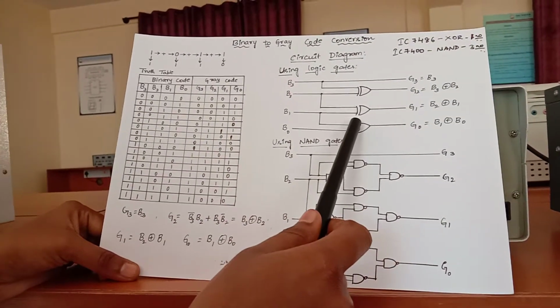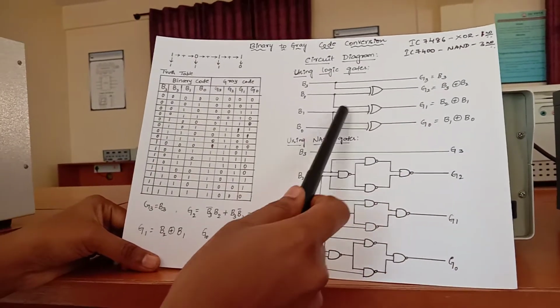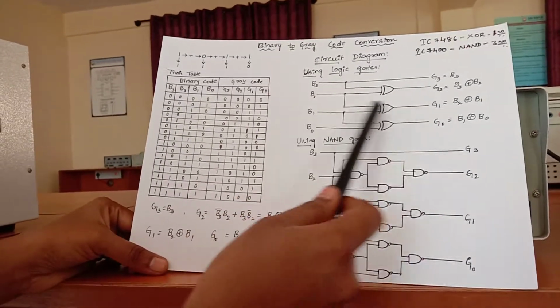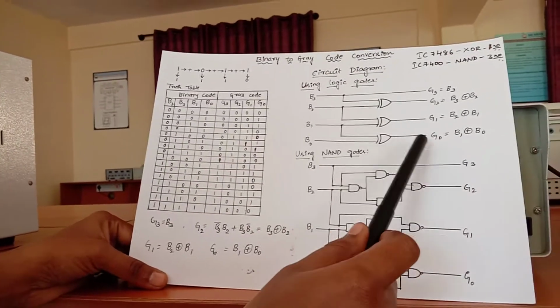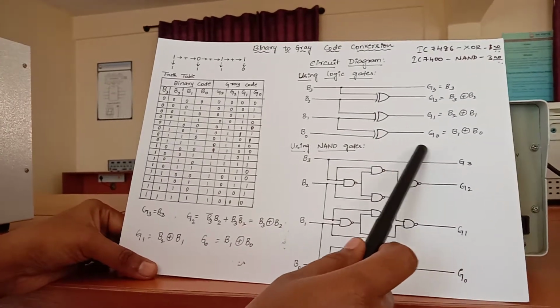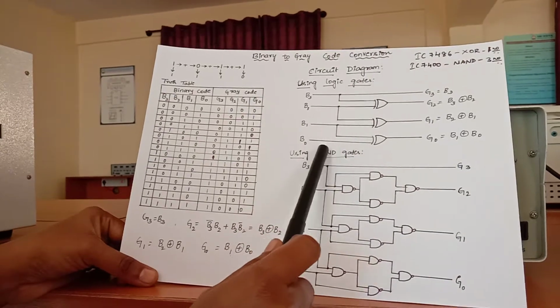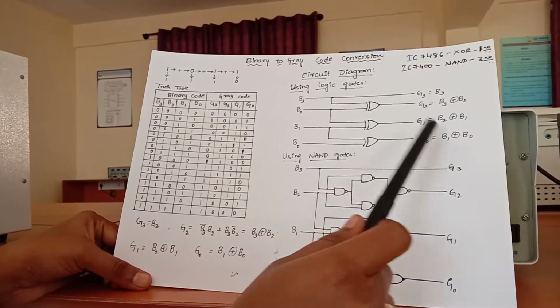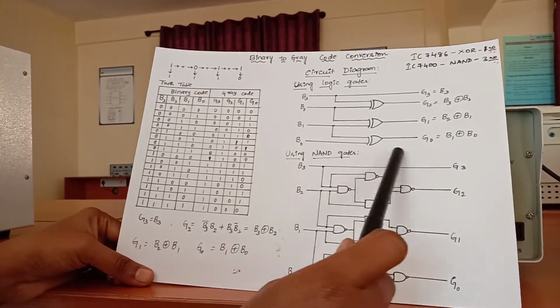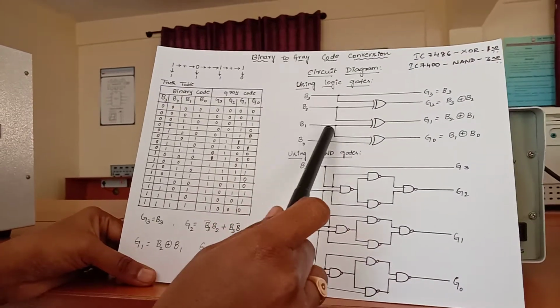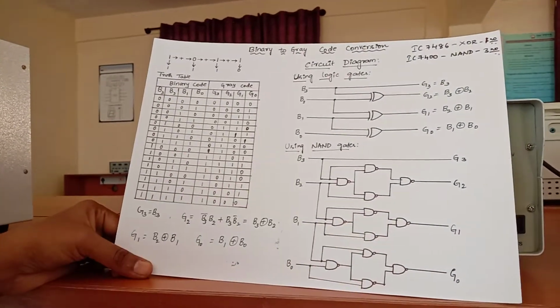In a similar way, to get the G1 output, we XOR the B2 and B1 inputs, so that we obtain G1. And to obtain G0, I can use the inputs B1 and B0. These will be the two inputs to the XOR gate, so the output will be G0. In this way I can write the logic gate diagram, and I can also rig up the circuit in the similar way.